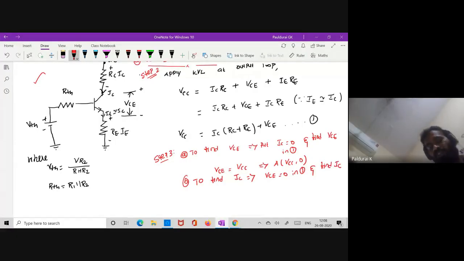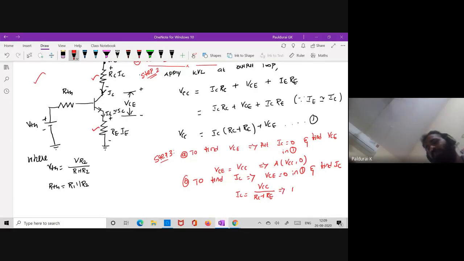So this time if you put VCE equal to 0, you end up with IC equals, I equal to V by R, here VCC divided by RC plus RE, because in the output loop RC and RE are in series, so they will be added.